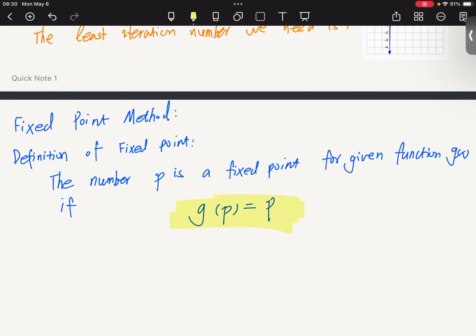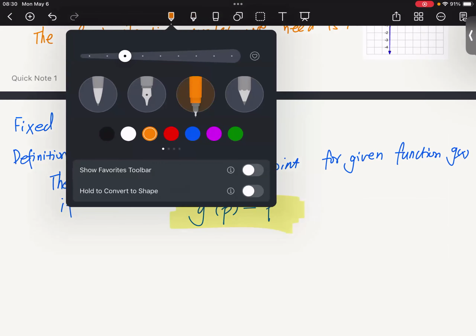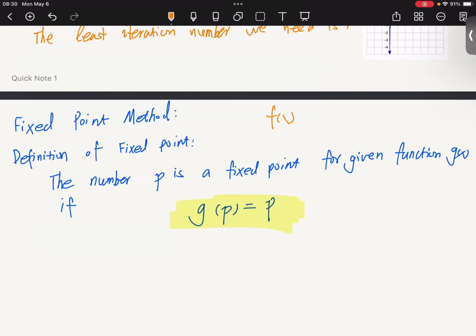And this is the definition of fixed point. And don't forget the original purpose, the whole purpose of this chapter, which is to solve this equation, f(x) equals 0.